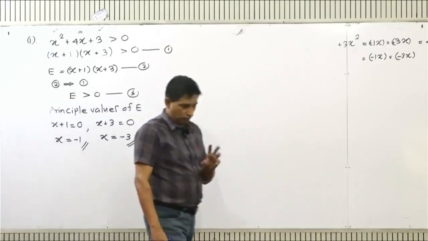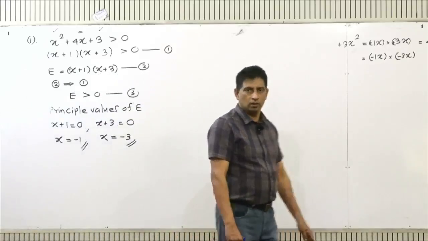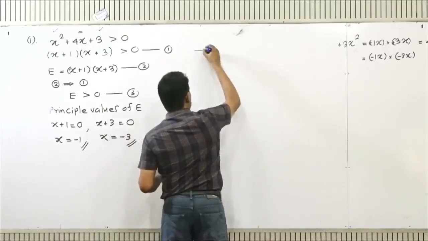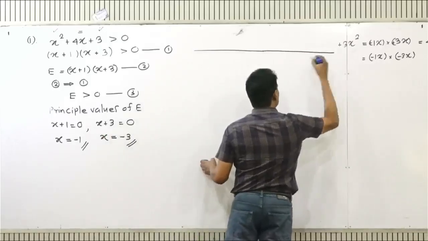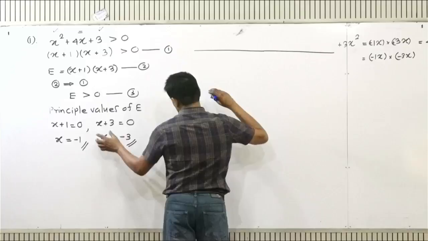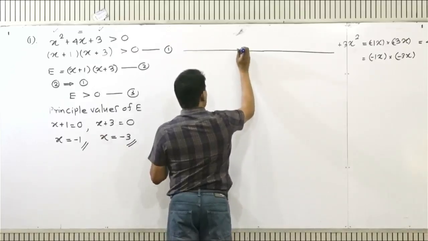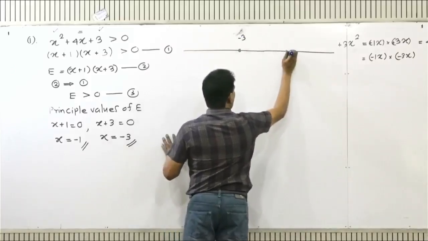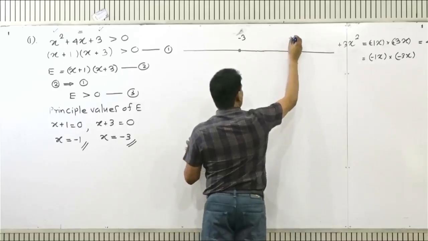Now there are two values for x. That means there are two principal values. Now we have to mark these two principal values on the real number line, minus 3 and minus 1. So I mark minus 3 here, and minus 1.